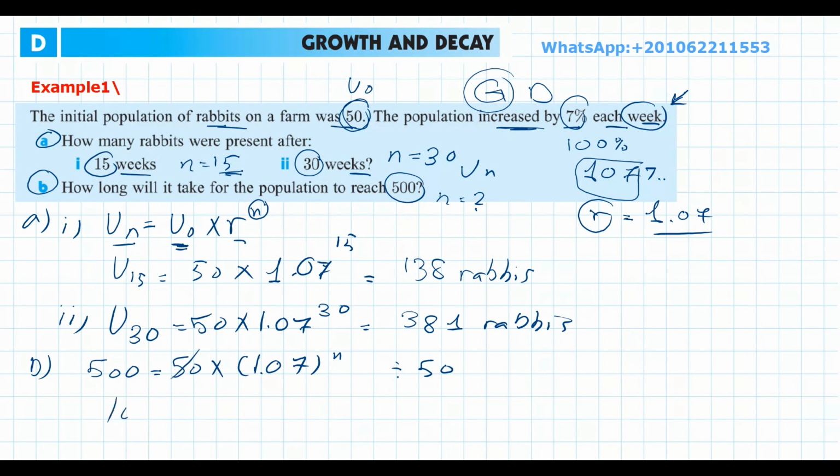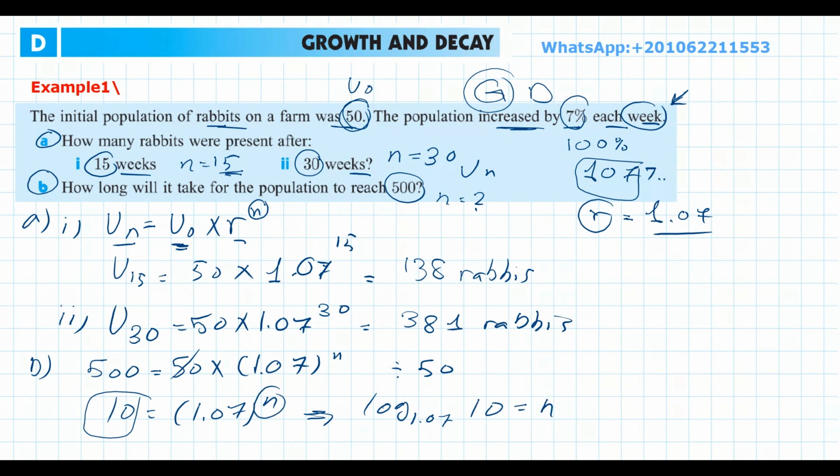Then here we have 10 equals 1.07 to the power n. To convert it into the log form, it becomes log base 1.07 of the result 10 equals n, because log will always determine the exponent. In order to find the value of n.